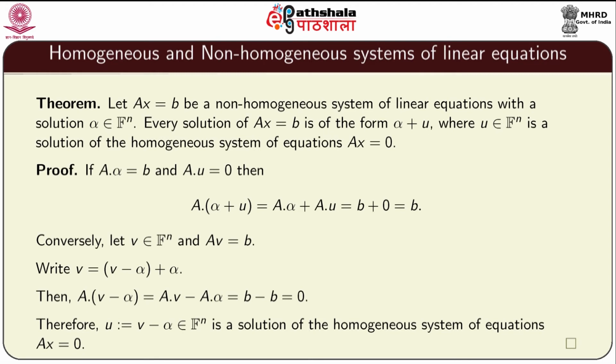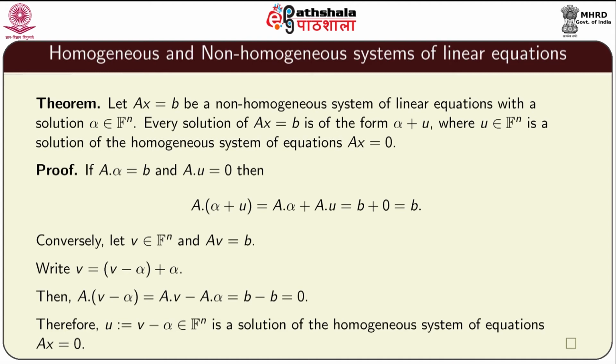So, this theorem talks about the same. Let Ax equal to b be a non-homogeneous system of linear equations with a solution alpha. So, alpha is a particular solution. Now, every solution of Ax equal to b is of the form alpha plus u, where u is a solution of the homogeneous system of equations Ax equal to 0.